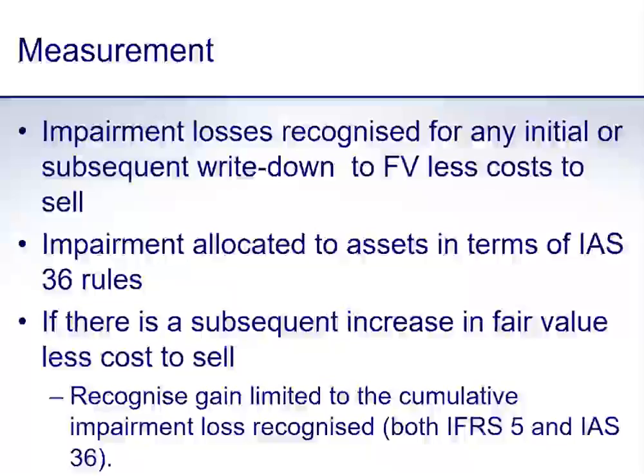Whatever assets are left after I've done that, I will then allocate the remaining impairment to those assets on a proportionate basis. Again, those are the rules in IAS 36 that we need to take into consideration as part of the process.